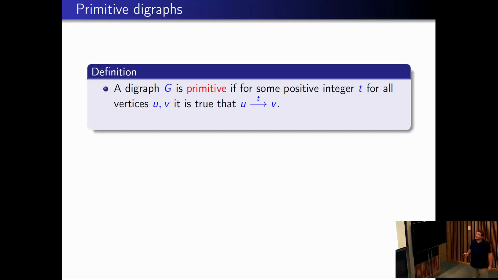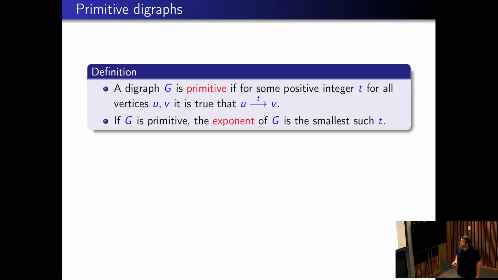My matrix is primitive if I could find, let me start graphically this time, in the graph, my graph is primitive if there exists a positive integer t, such that I could always get from any vertex to any other vertex by a path of exactly length t. And this includes u equal to v? Yes.